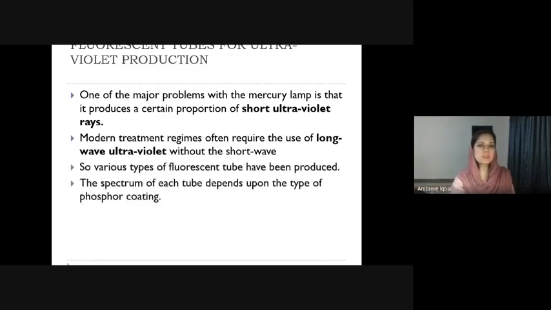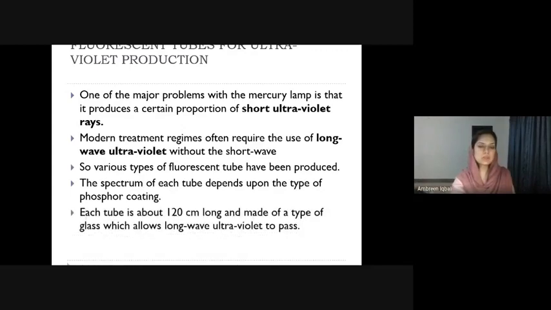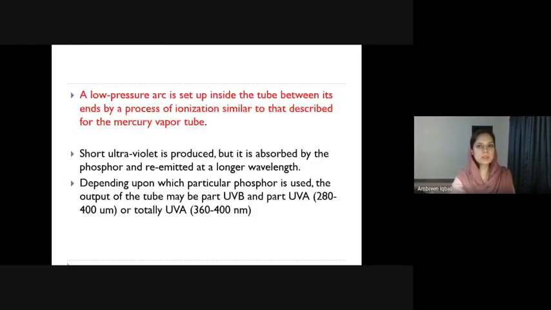The spectrum of each tube depends upon the type of the phosphorus coating inside it, and each tube is about 120 centimeter long and made of a type of glass which allows long wave ultraviolets to pass. The inside of the tube is coated with a special phosphorus. A low pressure arc is set up inside the tube between its ends by the process of ionization, similar to that described for the mercury vapor tube.